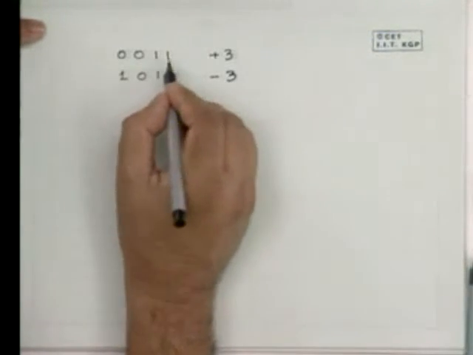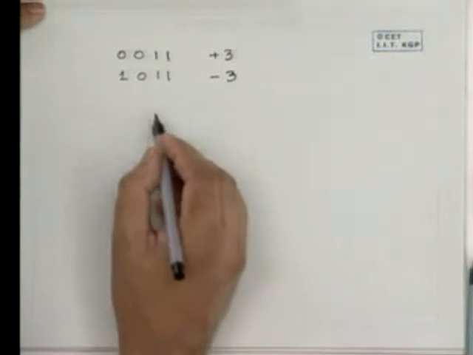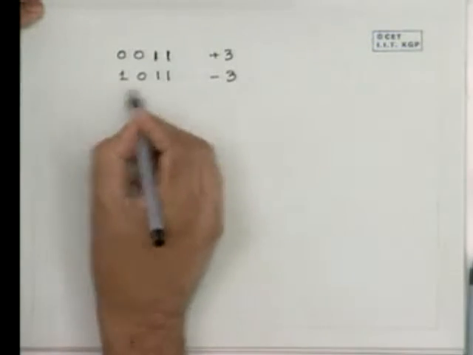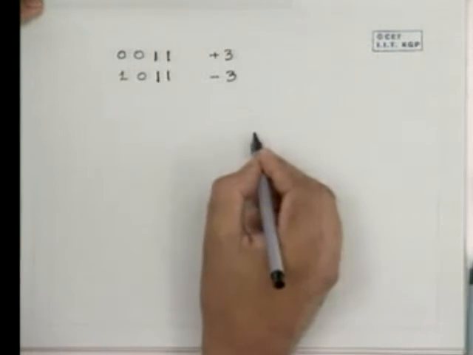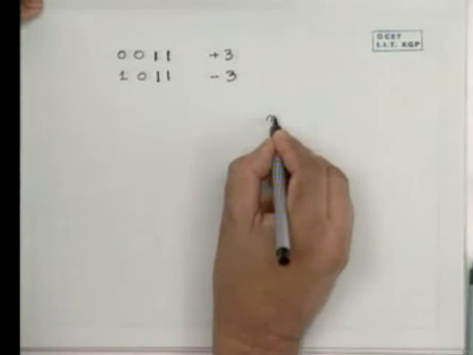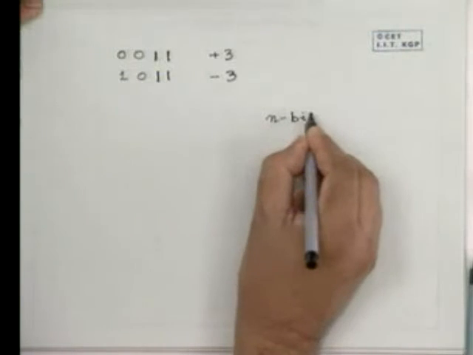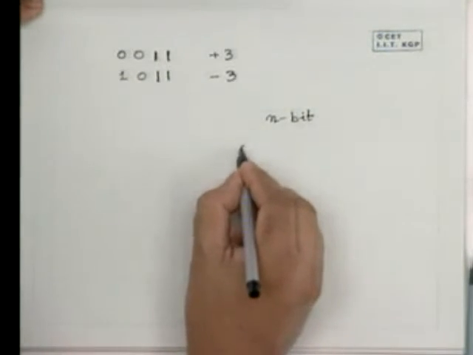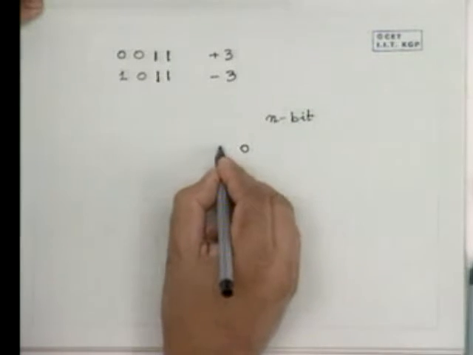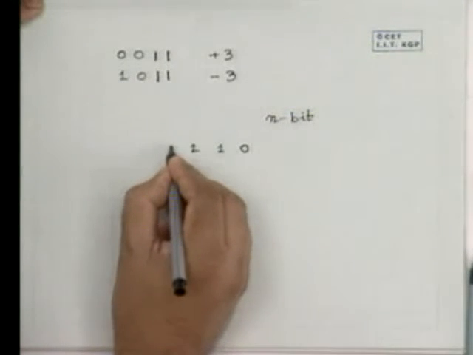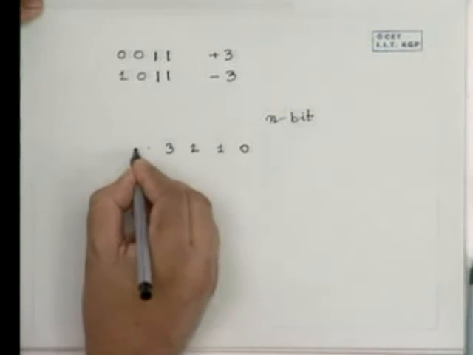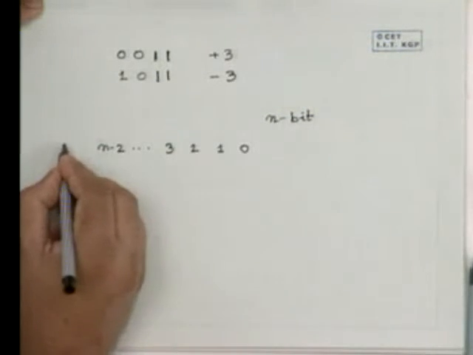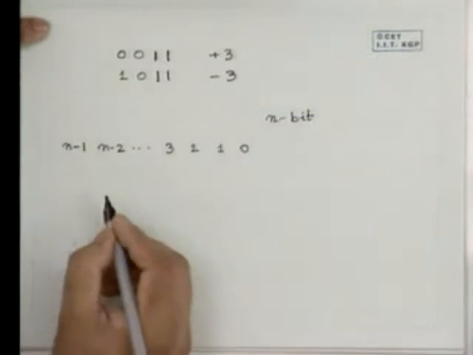Just to have the representation clear, we'll take this form: if we have an n-bit number, this is a convention. Then this one is the 0th bit, this is the first bit, this is the second bit, this is the third bit, and so on. This is the n minus second bit, this is the n minus first bit, and these are the n bits.